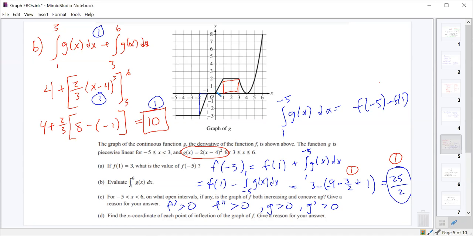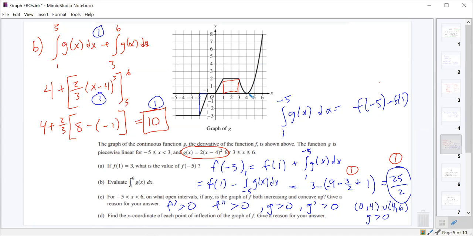So we're looking at when is g positive? Well, g is positive from 0 to 4, and then from 4 to 6. So 0 to 4, 4 to 6 is when g is greater than 0. And then when is the derivative of g greater than 0? So when is the slope greater than 0? That'd be from 0 to 1.